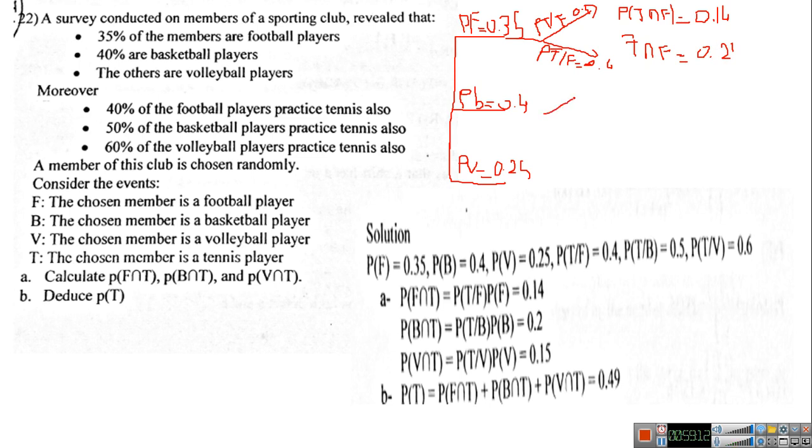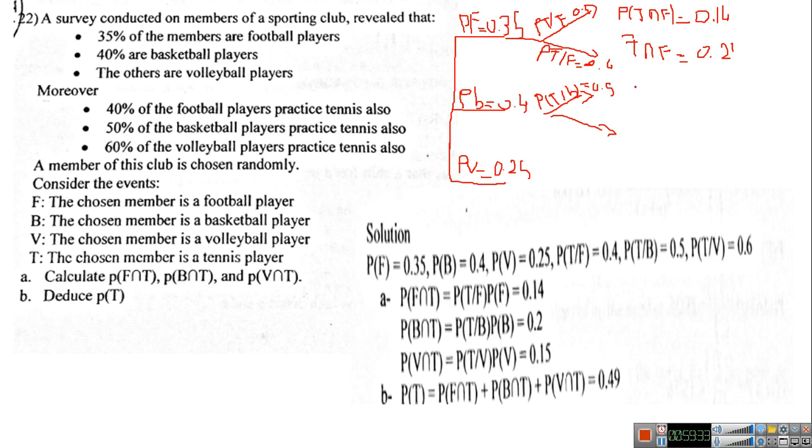Now, 50% of basketball players practice tennis, P of tennis knowing basket is 0.5.